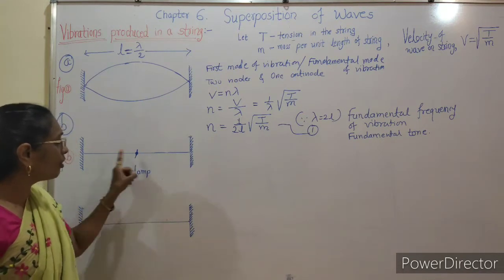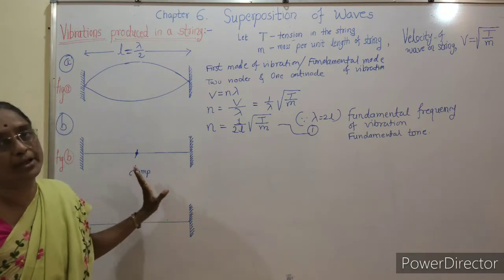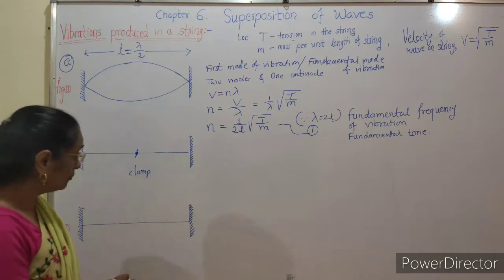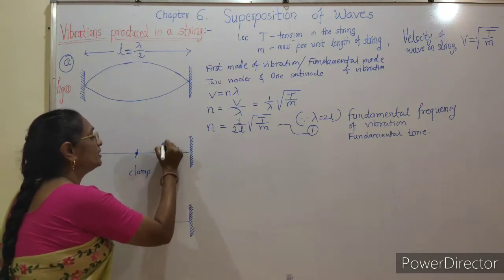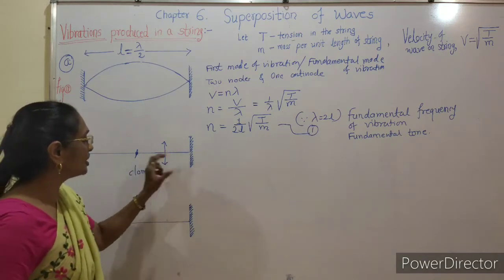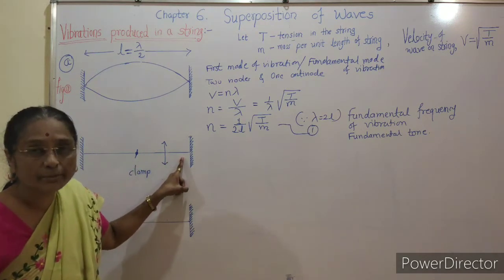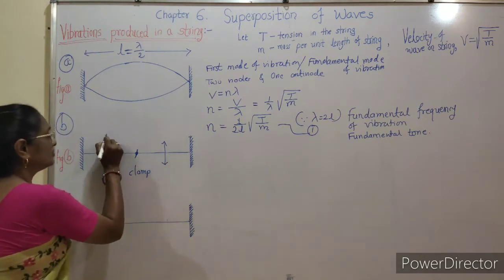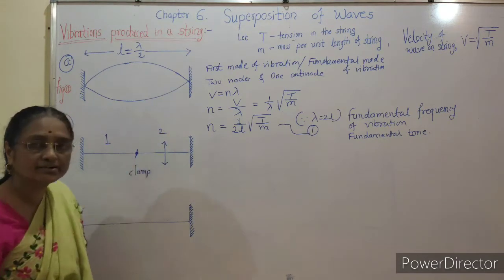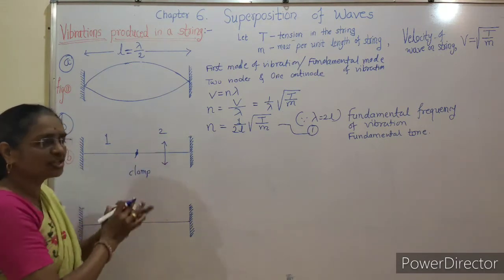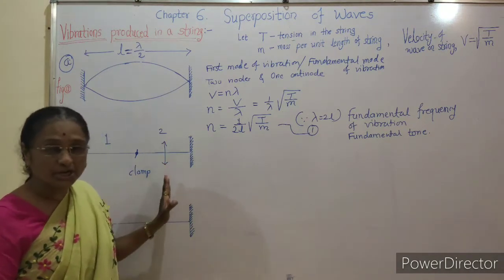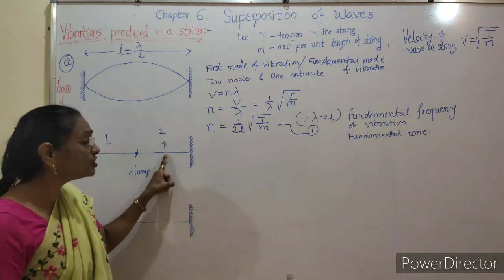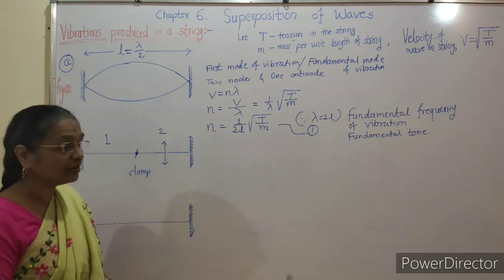But the string on both sides of this clamp can vibrate. We can vibrate it by giving an oscillatory disturbance at the center of one segment. Here there are two segments. This is the first segment, this one is the second segment. Any one segment is disturbed in this way, meaning an oscillatory disturbance is given to the center of this segment.